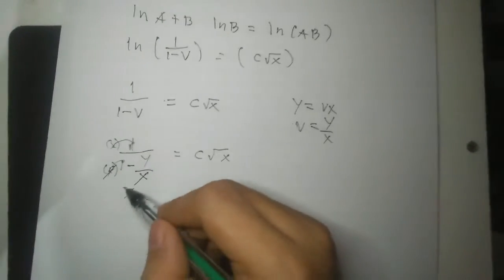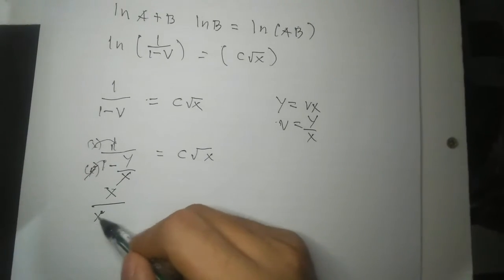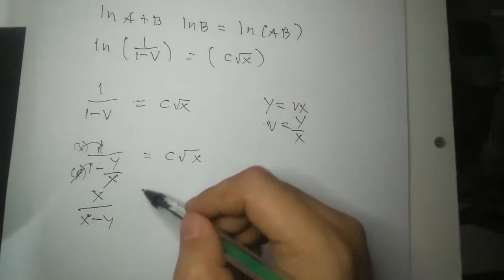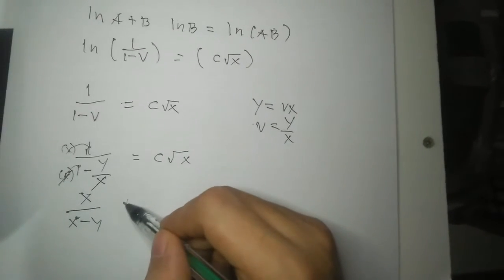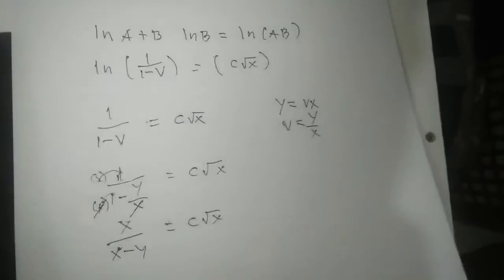So we are left with x over (x minus y) equals c times the square root of x.